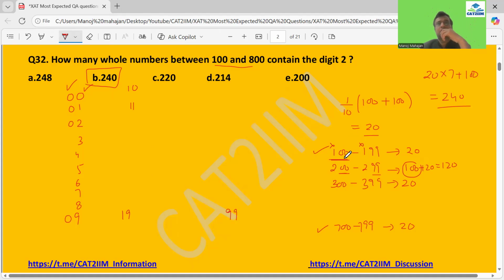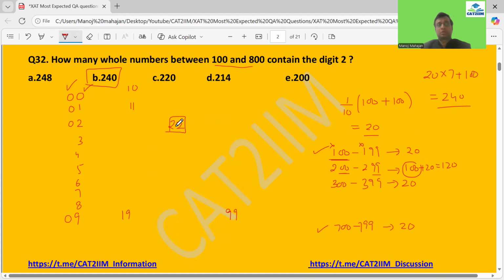Now the question talks about the total numbers which have the digit 2. So just understand one thing out here. You had in the block of 100 numbers, when you write like this, 00 to 99, 20 times 2 has been used, but just understand that one of the numbers has 2 over here 2 times.